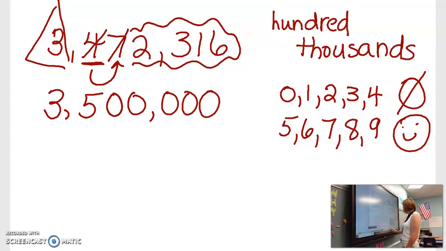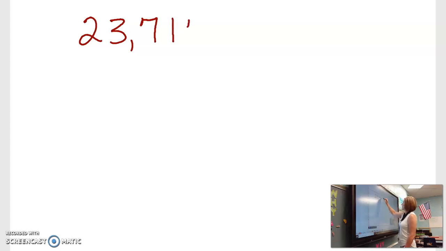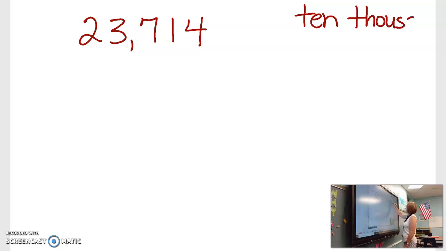Okay, let's try another one. So we have 23,714, and we are going to round to the 10,000s place. All right, I'm going to put Cinderella's bench under the 10,000 spot. There is a 2 in the 10,000 spot, so Cinderella is a 2.